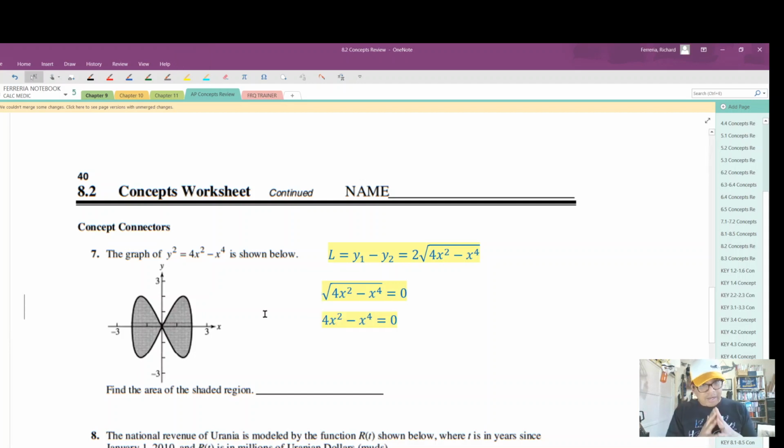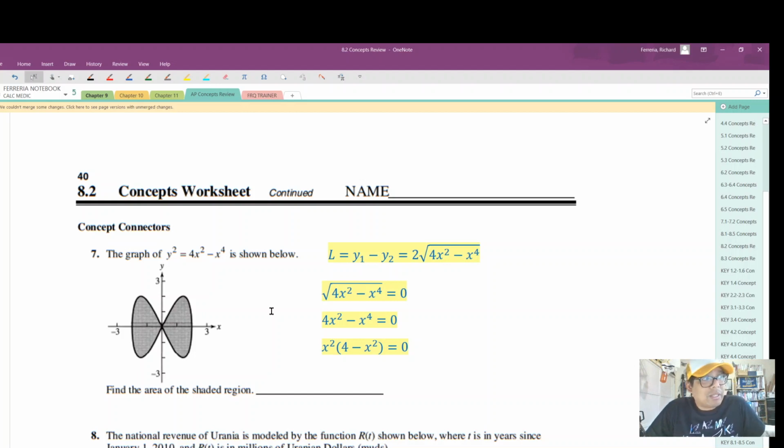And then I know how tempting it is right now to add x to the 4th to both sides, but that's not the best plan here. That's a good way to start losing roots, when you start dividing by x. So the better thing to do here is to try and factor that left side. So let's factor the left side a little bit. Okay, that's probably as factored as you need.